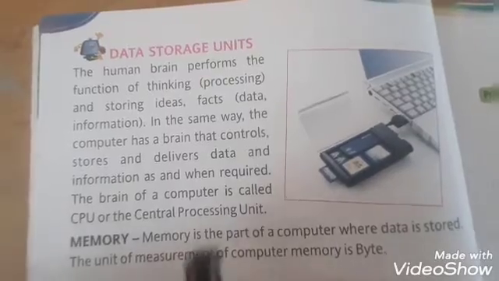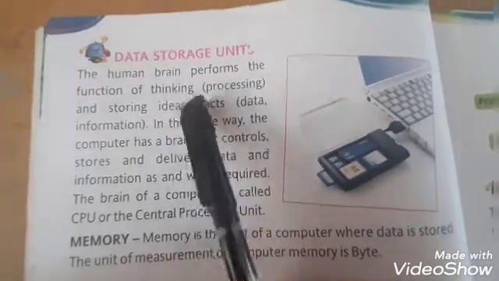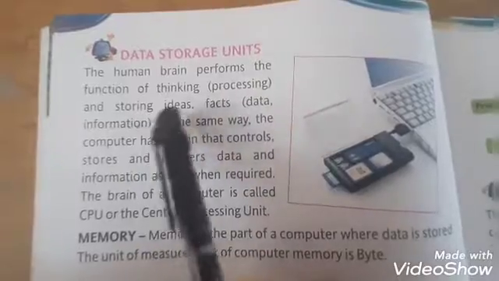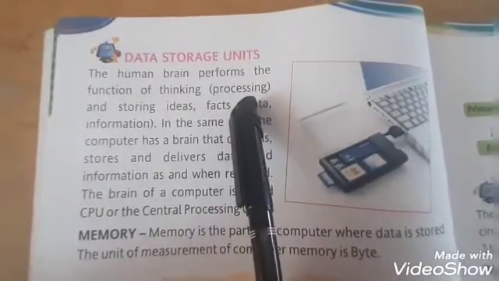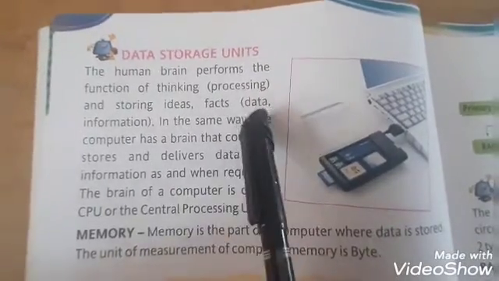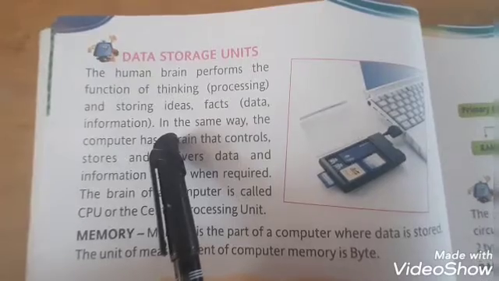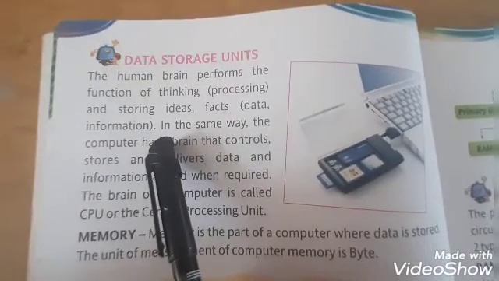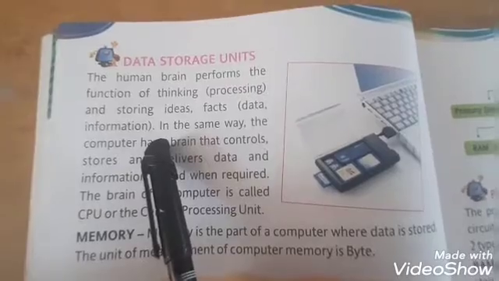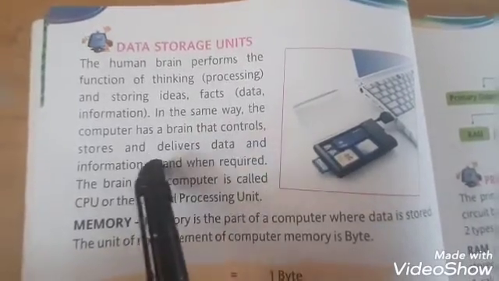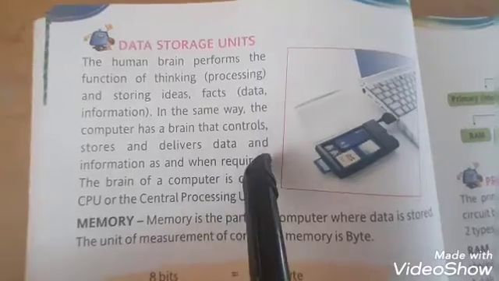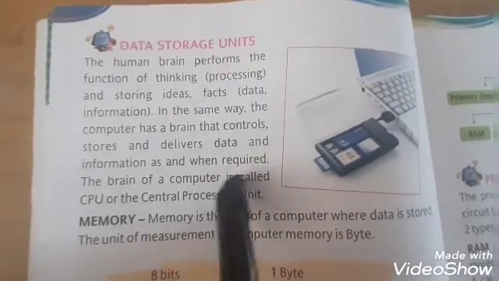Now on page number 8 we will study what data storage units are. The human brain performs the function of thinking, that is processing, and storing ideas and facts, that is data and information. Our brain has the capacity to think and to store various information. In the same way, the computer has a brain that controls, stores and delivers data and information as and when required.